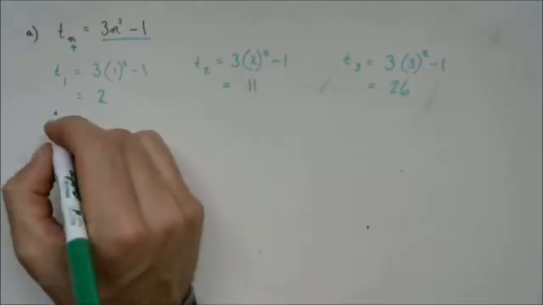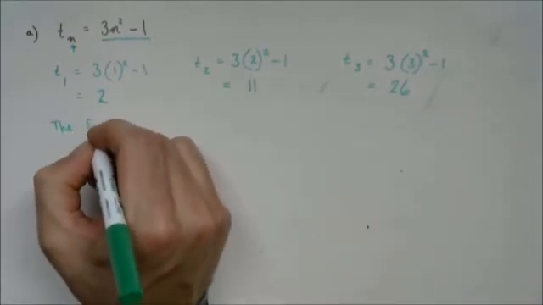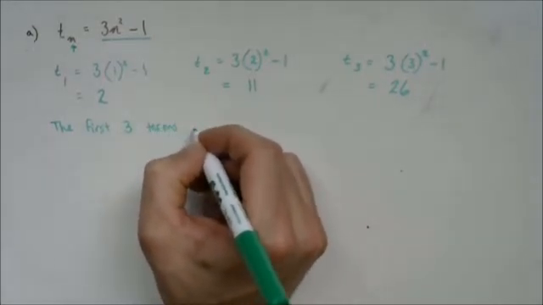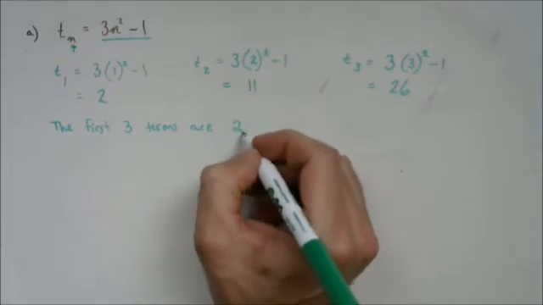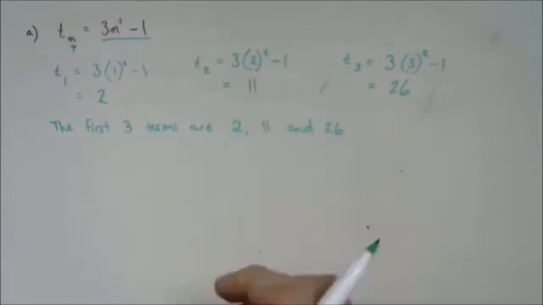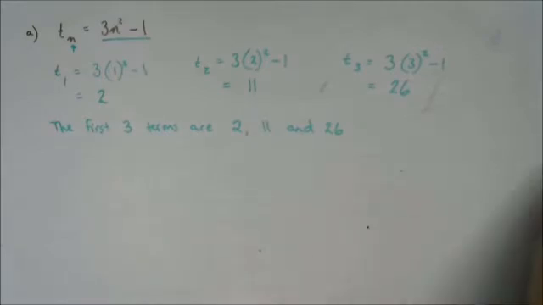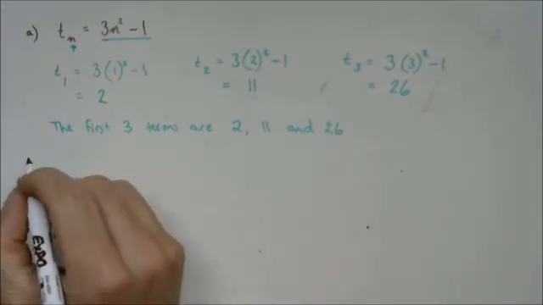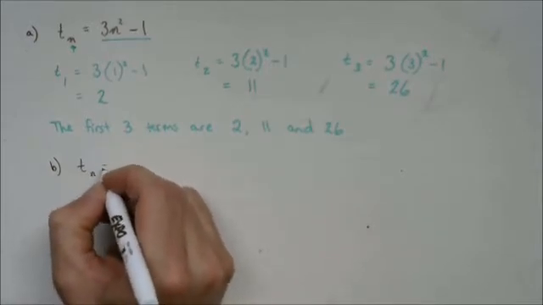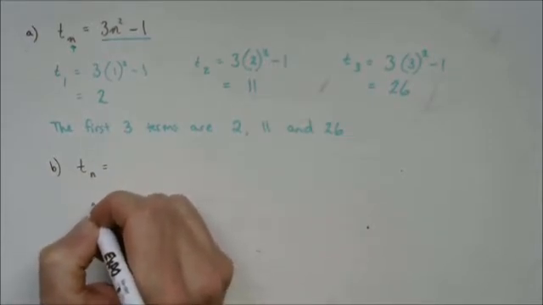And there we have it. The first 3 terms are 2, 11, and 26. Not much to it when they already give you the explicit formula, and you just need to plug in the value of n for the first 3 terms.